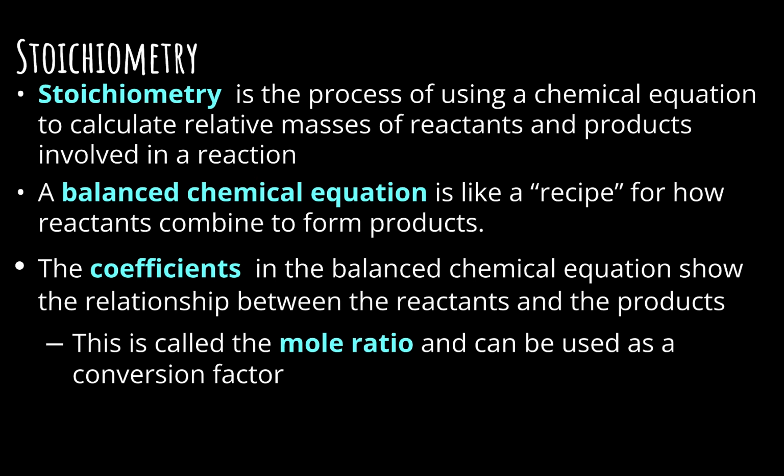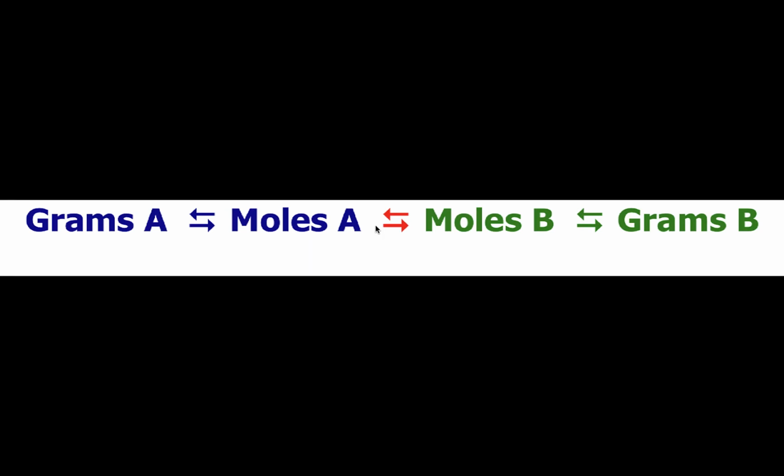Finally, we talked about how the coefficients in the equation show the molar relationship between the reactants and products. So those coefficients show what is called the mole ratio, and that's what we use when we're converting from one substance in an equation to another substance in an equation or a reaction. So this was our roadmap that we talked about.